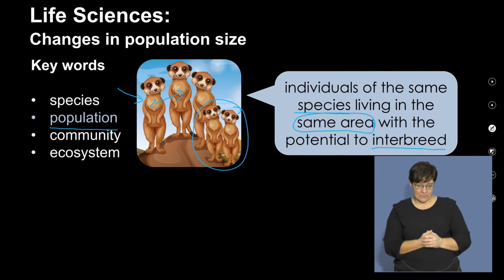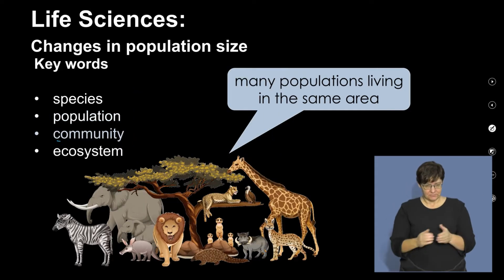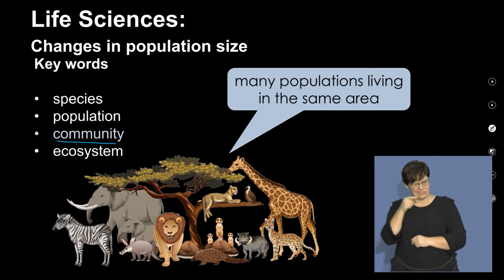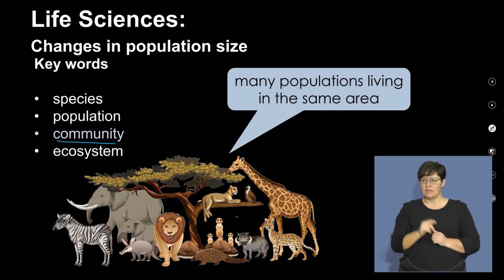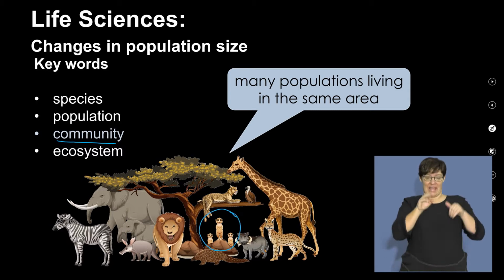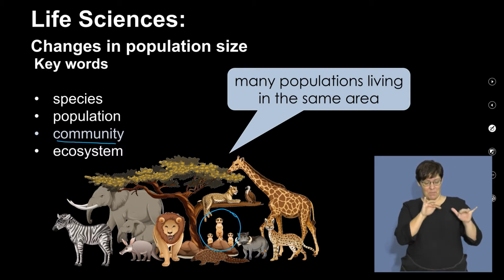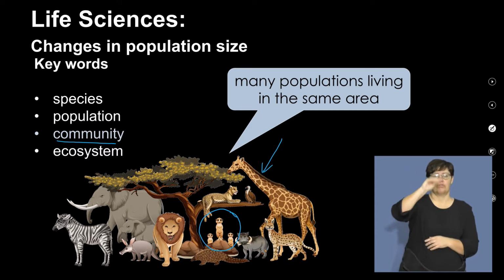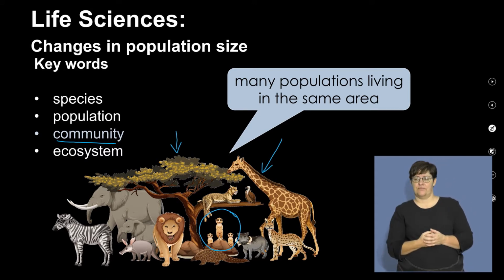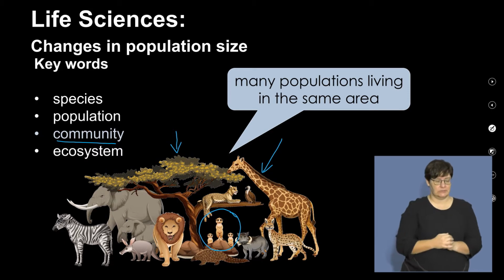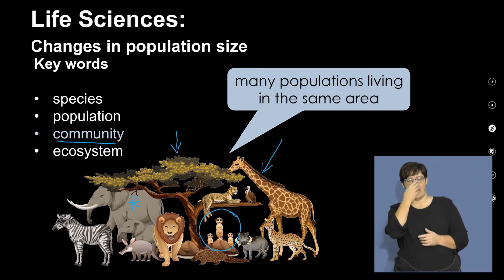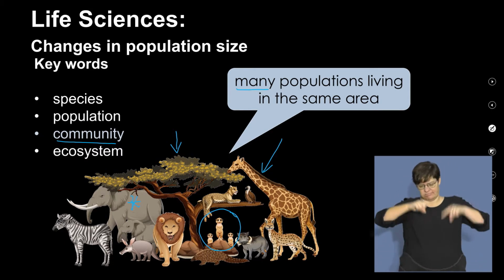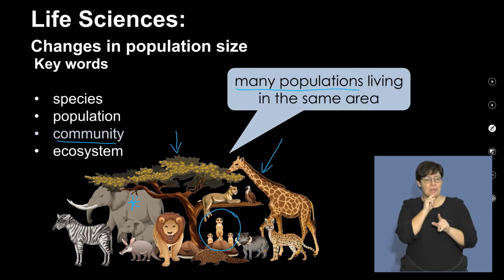Let's now focus on our next term. So what then is a community? Well, if you have a look at this picture, you'll see there are our meerkats. That's our meerkat population. But now we have a population of giraffe. We have a population of acacia trees. We have a population of elephant. So a community is many populations.